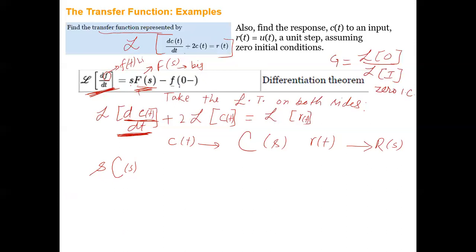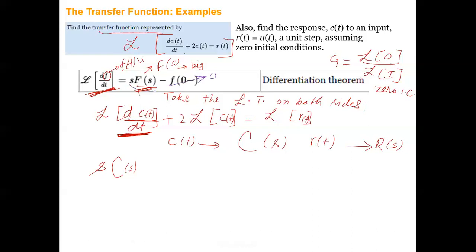Then we also have this term, but we don't have to consider it because this is the initial condition, f of 0. How do I know? Because this says it is a function of 0, and 0 means initial state. So you don't have to worry about that.